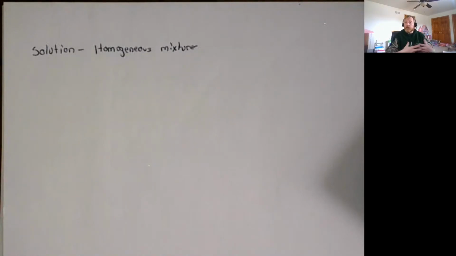The air around me is a mixture of gas in gas, nitrogen being the larger gas that's dissolving the other ones: oxygen, argon, carbon dioxide, and then the other trace gases down below carbon dioxide. We can have mixtures of a gas and a liquid, like the oxygen being dissolved in water that allows fish to breathe.